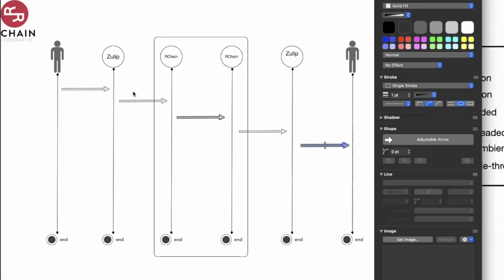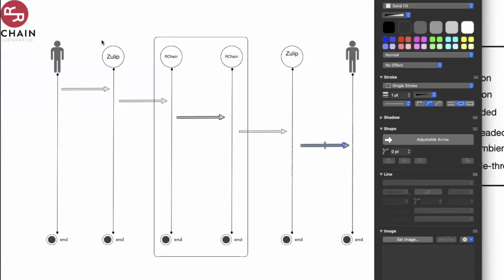Okay, so essentially what I'll do now is to refine this diagram. Notice how we could take this rectangle and treat it as a single agent, just call it RChain, even though we know that it's an entire shard, right? So the same thing is actually going on with Zulip. If we were to take Zulip and expand it or explode it a little bit, we'd see that it has many components.